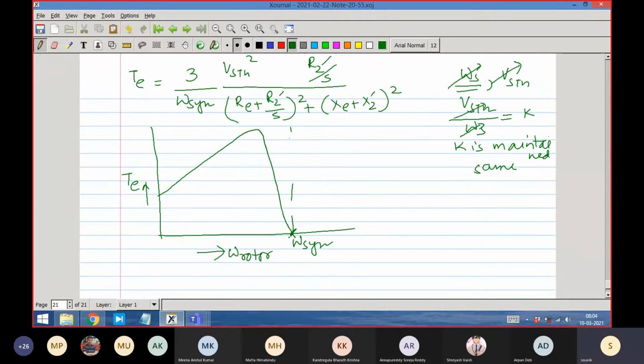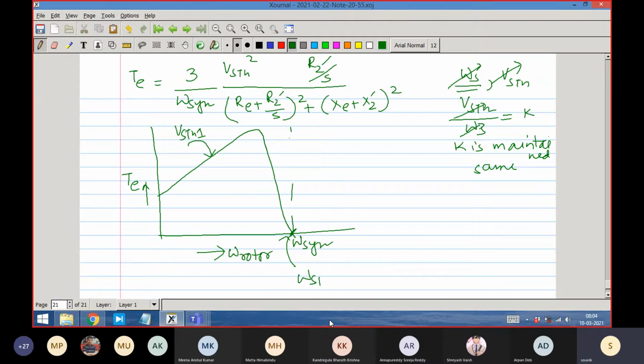Now, this is corresponding to one VSTH, let us say VSTH1, that is the supply voltage, and the corresponding frequency is omega s1. You all know the synchronous speed is nothing but 2 by P times omega s, the supply frequency, right? We all know that.